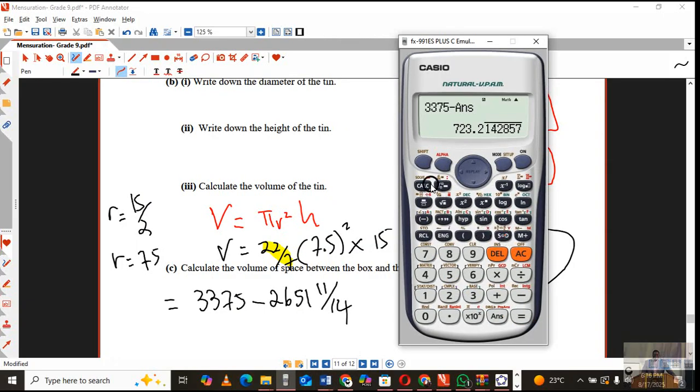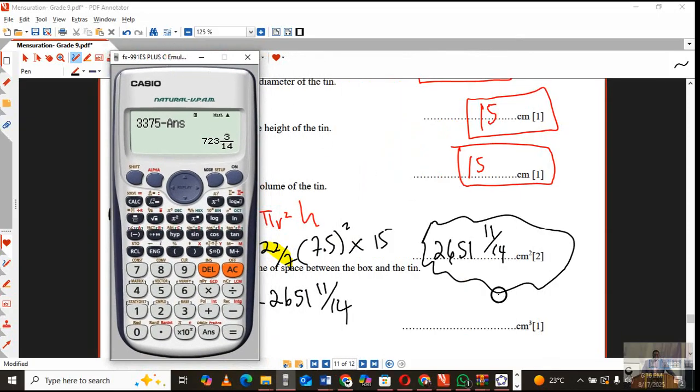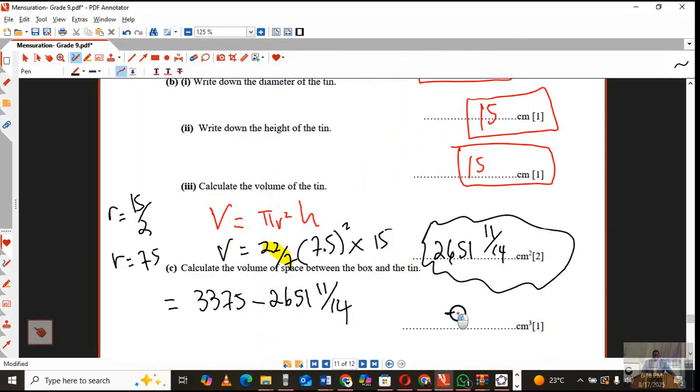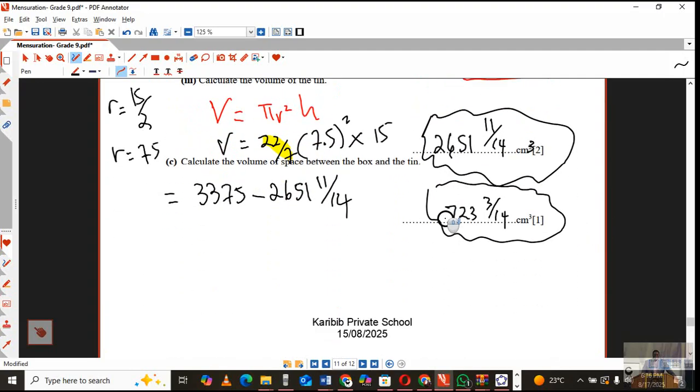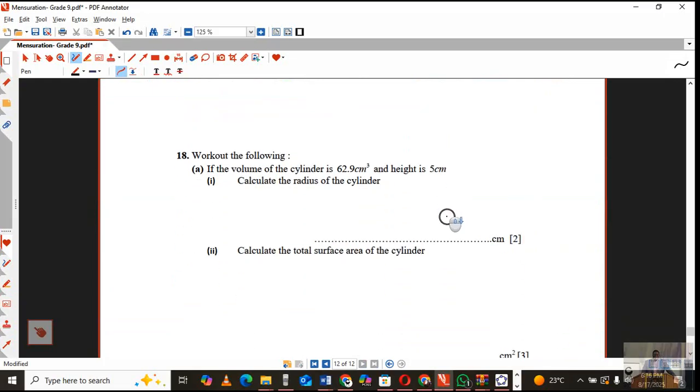Of course, it's going to get 723 and 3/14. Anything rounding to that. Okay, just saw the units here, so I'm just correcting as far as I can.